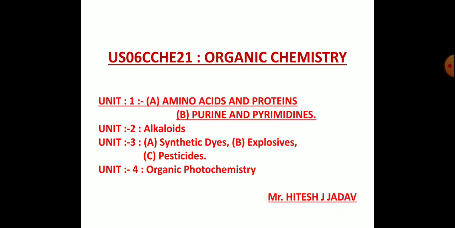Unit 3 is synthetic dyes, explosives and pesticides. Unit 3 is divided into 3 parts. Part A is synthetic dyes. Part B is explosives. Part C is pesticides. And the last unit, unit 4, is organic photochemistry.